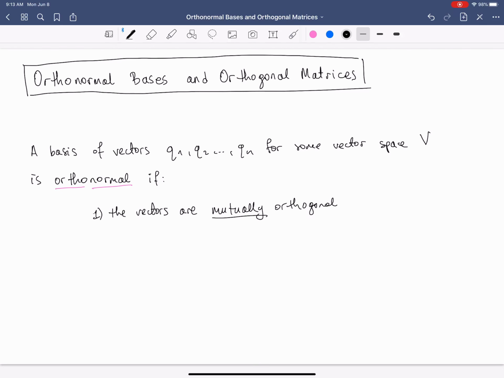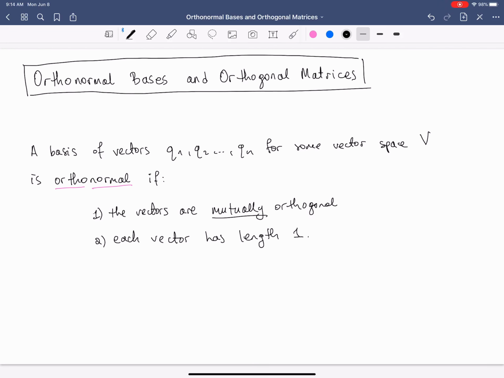Mutually here means any two vectors are orthogonal. That's what it means. And the normal part: each vector has length 1. So normal vectors are vectors of length 1. Orthonormal vectors have length 1, and they are mutually orthogonal.